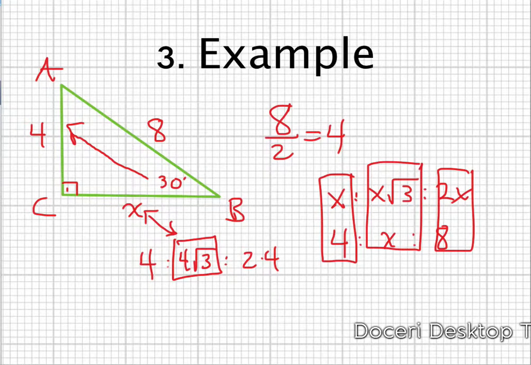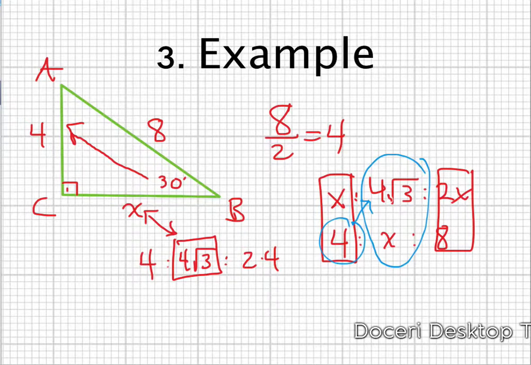So whatever goes here, or since x is 4, I should say, this 4 would go here in my x. So I would replace that with 4, which means my actual x value that I'm looking for is 4 square root of 3. Okay?